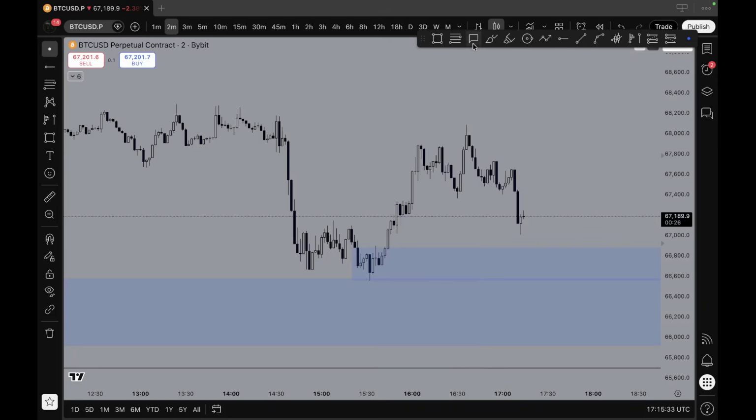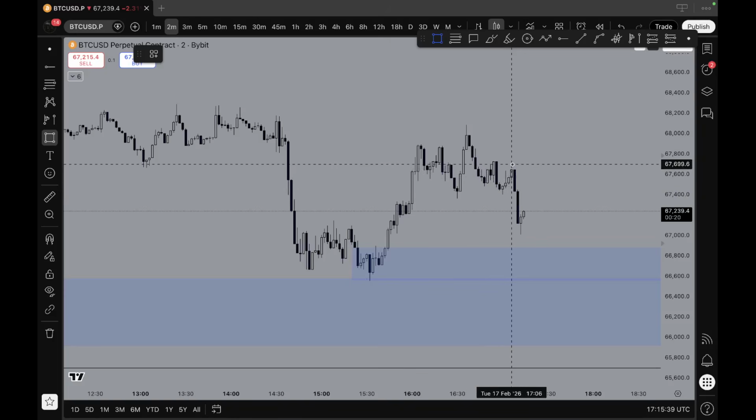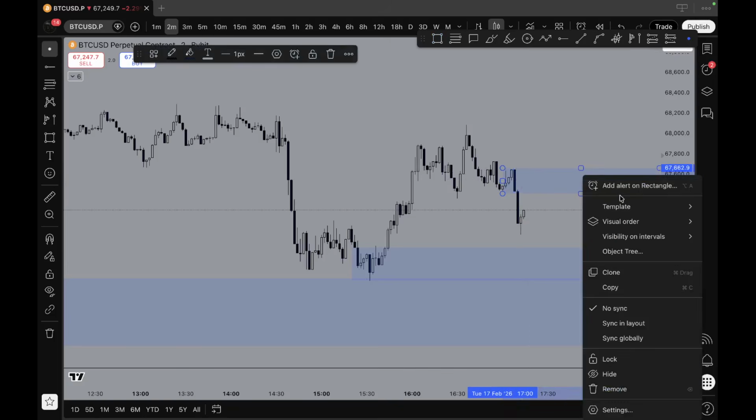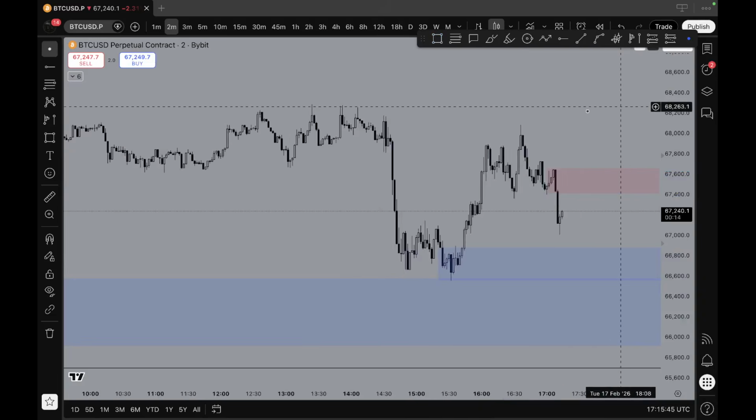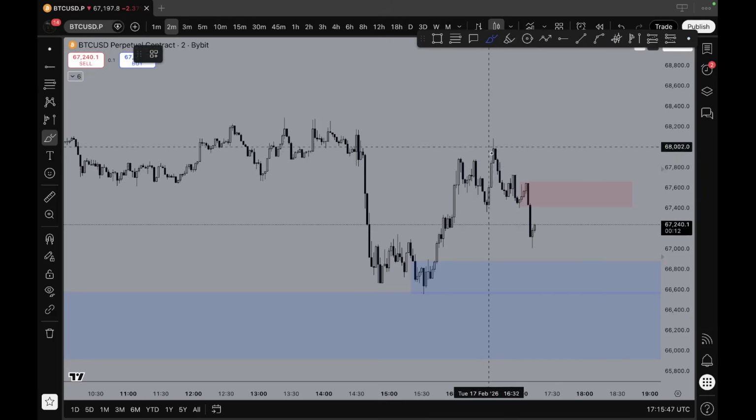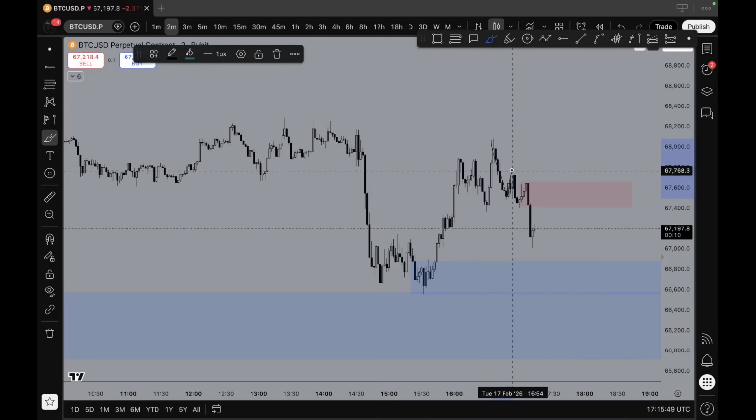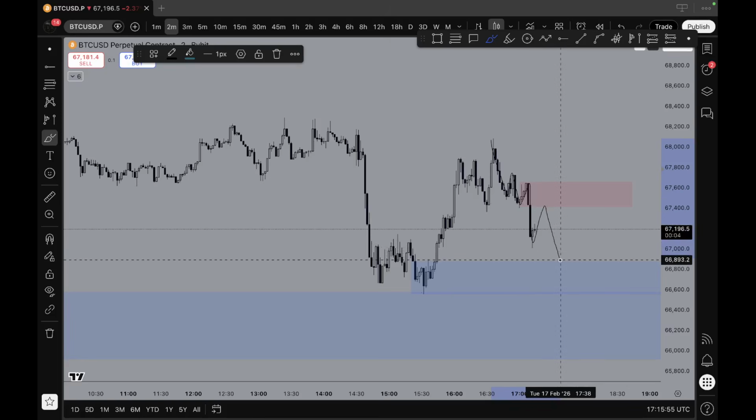And then you also want to look at what does price leave behind. And here you see that buyers step in, sellers take over, aggressive push down. So this is some local supply created. So what you then want to see potentially is that you have your high, low, high, low, low, high, low, high, low, break structure.